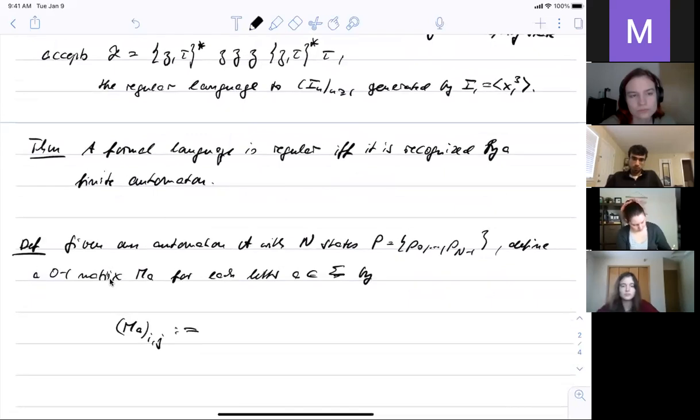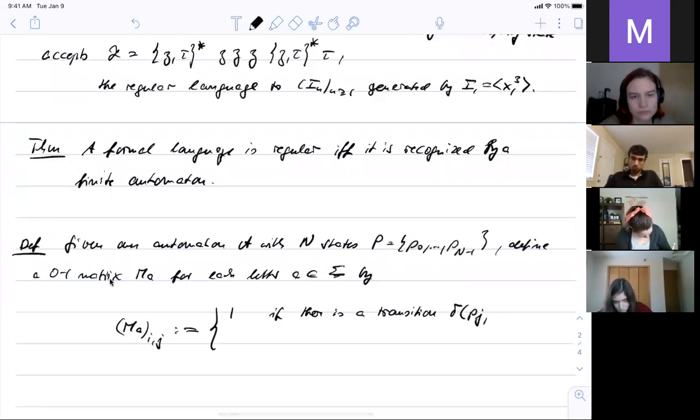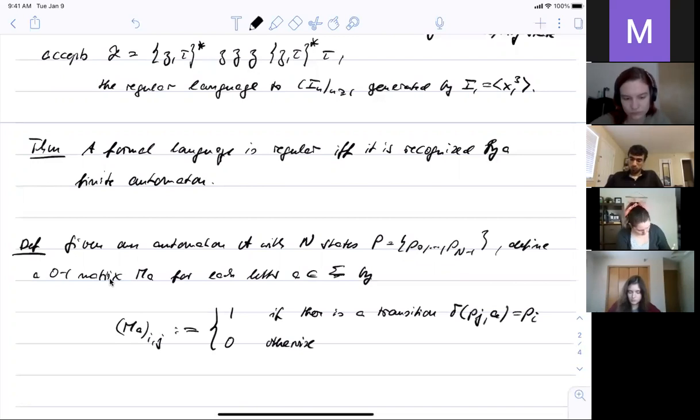This is 1 if there is a transition delta from state P sub j via A to state P sub i, and 0 otherwise.